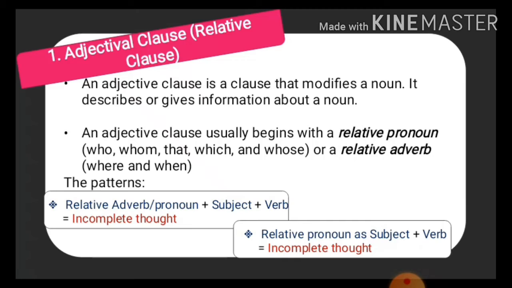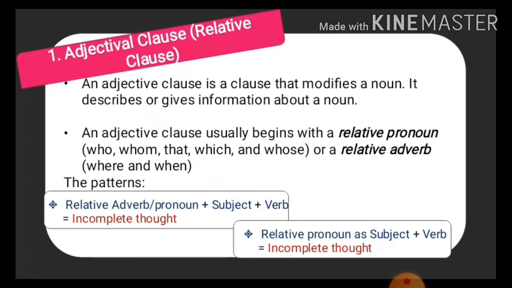Okay, and then an adjective clause usually begins with a relative pronoun such as who, whom, that, which, and whose. Or it can begin with a relative adverb, such as where and when. And here we have written down the pattern of an adjectival clause.